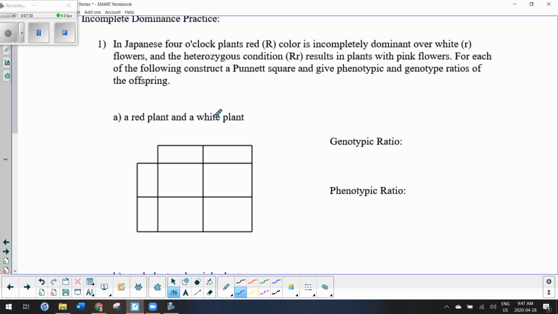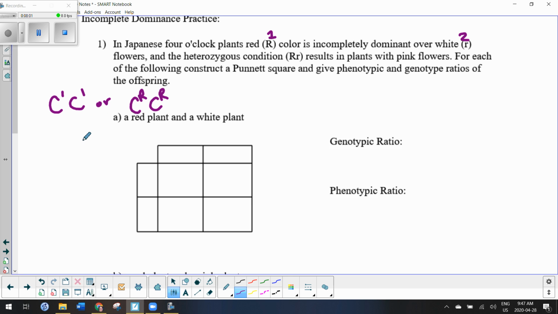So we have a red plant and we have a white plant. Okay, the red plant, since this is incomplete dominance, the only way you're going to get red is if you have two of the dominant alleles. You can represent this by CR for this red plant, or you could say this is trait 1 and this could be trait 2, or you can do C1, your choice how you want to do it.